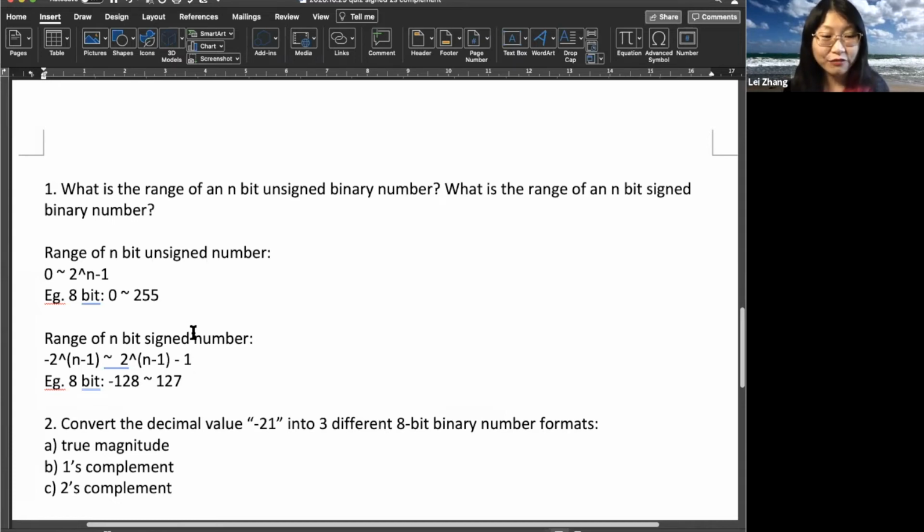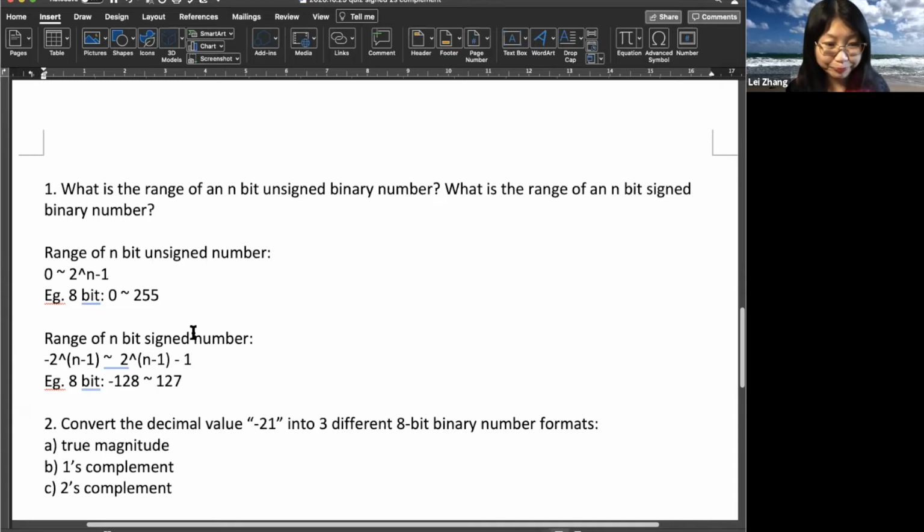If you use that to represent the positive value, you will actually have an overflow, which means the magnitude bit will overflow into the sign bit. So that's why it's asymmetrical. The range should be minus 128 to plus 127.